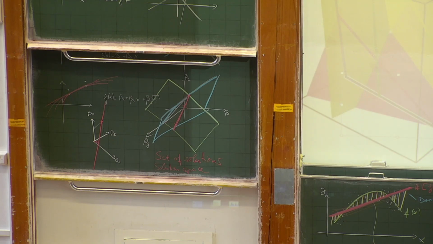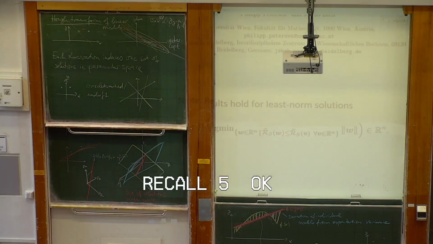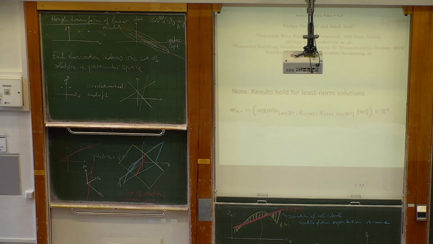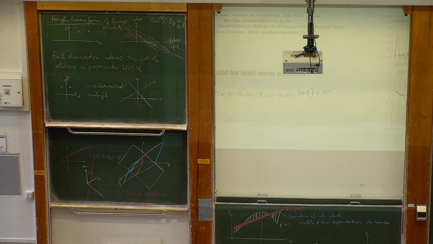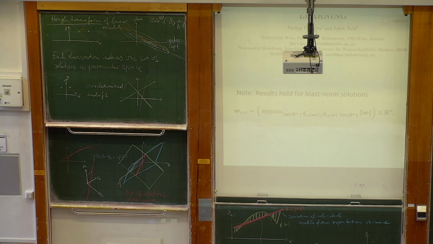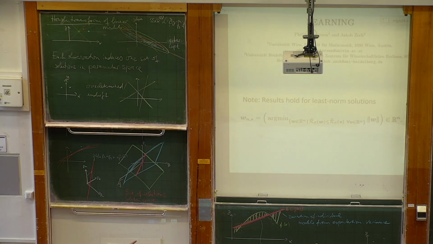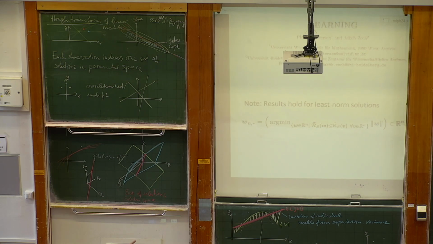And let's go back to the pretty pictures here from linear regression. If you look again at this formula here, that's exactly what it does, yeah? Amongst all solutions, it picks the one which has the least norm, yeah?